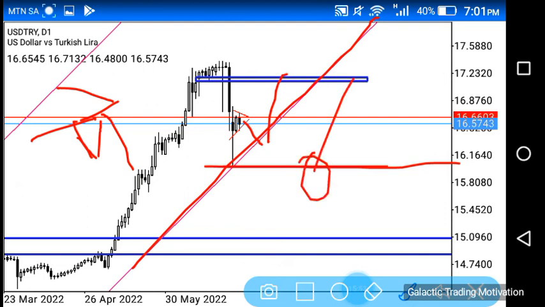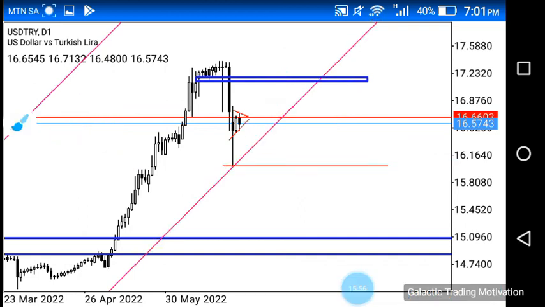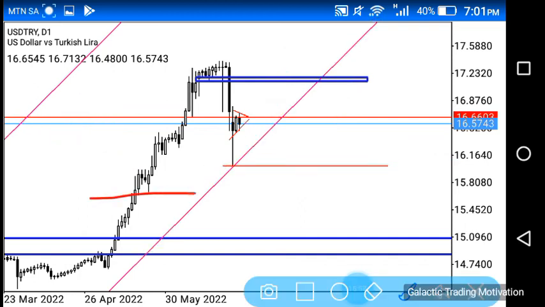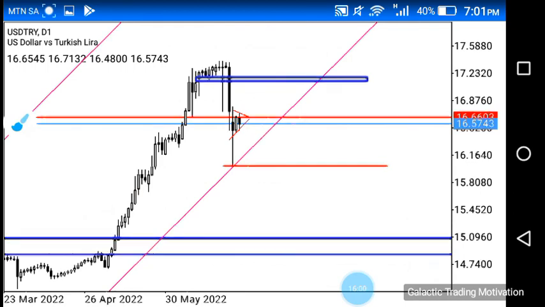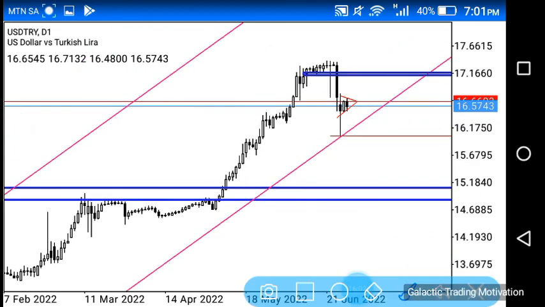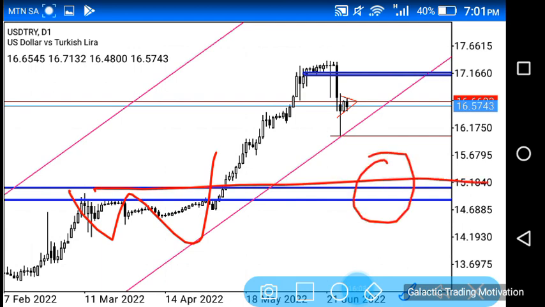Also, just keep in mind that at the bottom we have that W structure with a neckline here, and I said that the neckline still needs to be retested, and that's what we may see happen in the future as well.